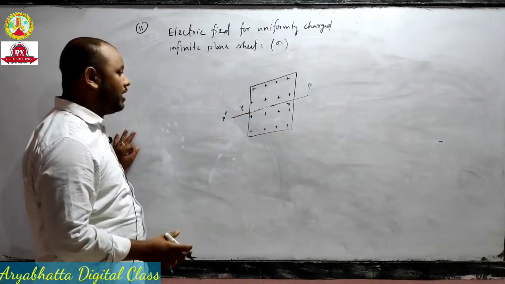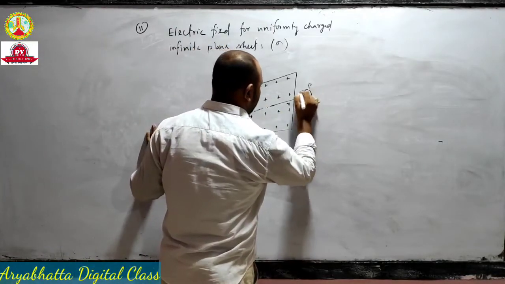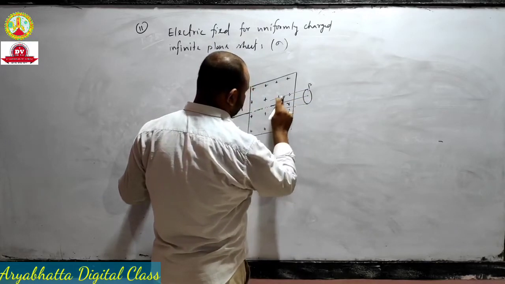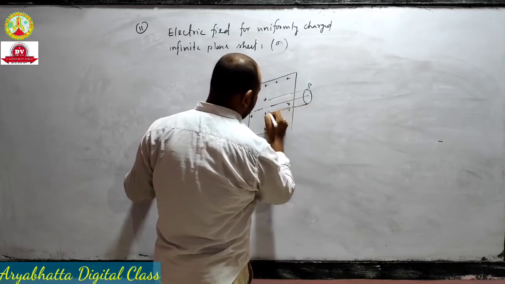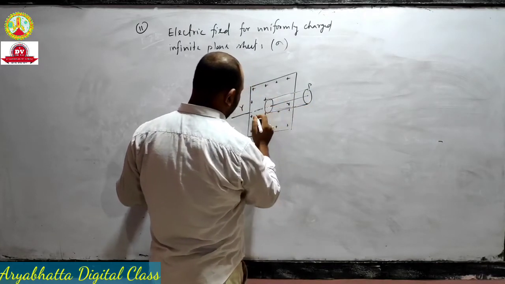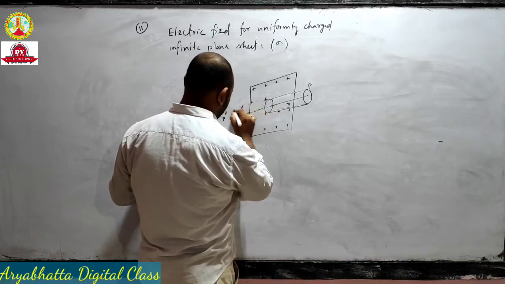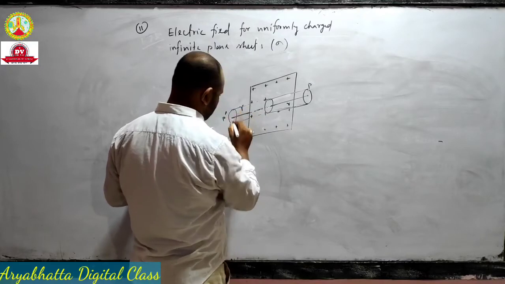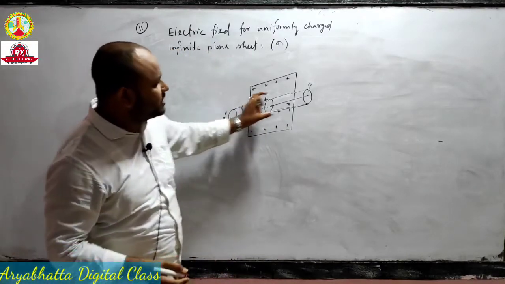The distance between P and P dash is twice of r, and taking P dash as an axis, we can imagine a cylinder.